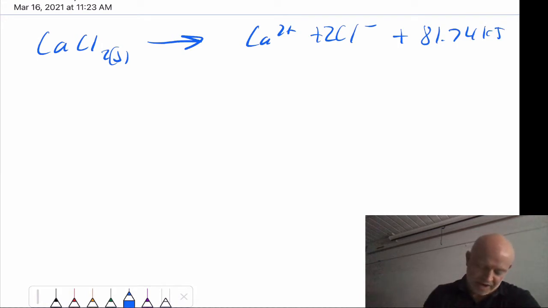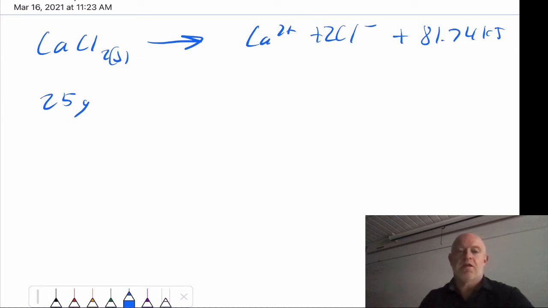So if I dissolve 25 grams of my calcium chloride, the question is, how much energy would I get out of this? We'll do the math exactly the same way that we would have done for heats of reaction. I'm going to convert these 25 grams into kilojoules with a little stoichiometry.